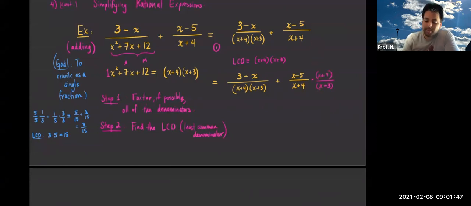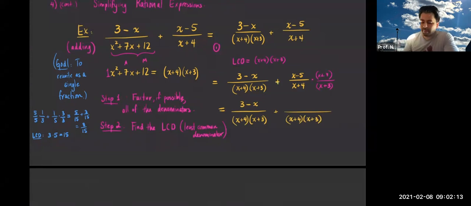That's why this problem is a little different from multiplying or dividing rational expressions, because we're not doing the same thing. So again, this is x plus 4, x plus 3. And now at the bottom here, I'm just going to write x plus 4, x plus 3. And the top here, I'm actually going to distribute everything.